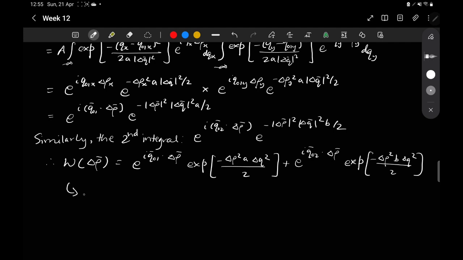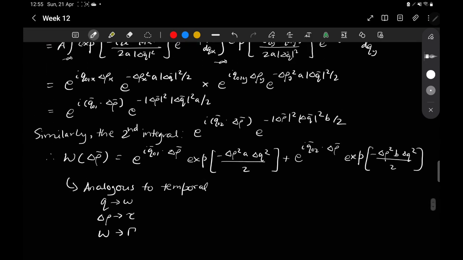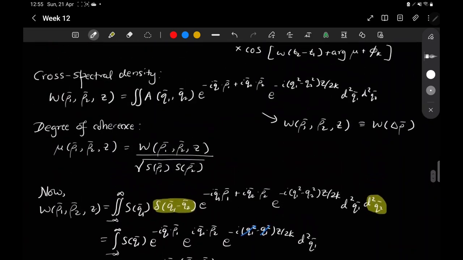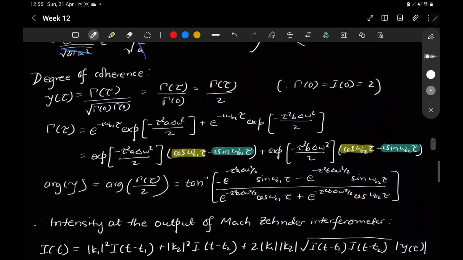Now this is analogous to the temporal case. If we see, q goes to omega, delta rho goes to tau, and W is gamma. And we had seen what this expression for gamma is.